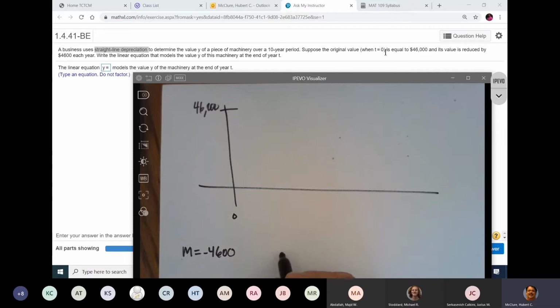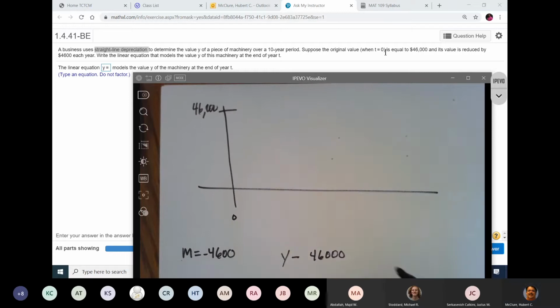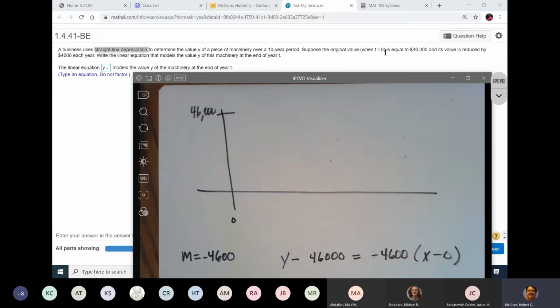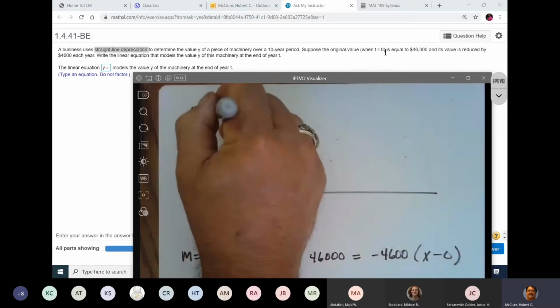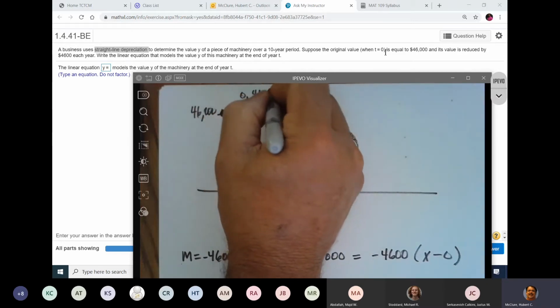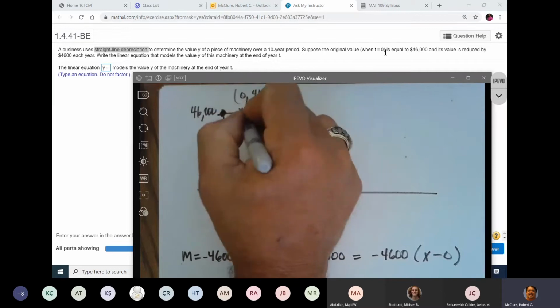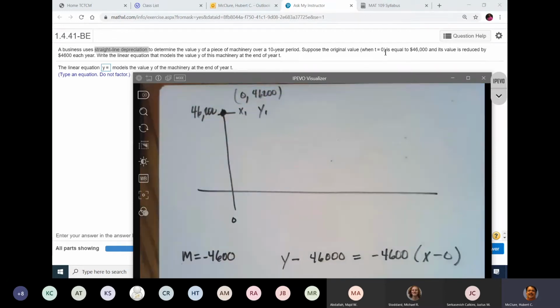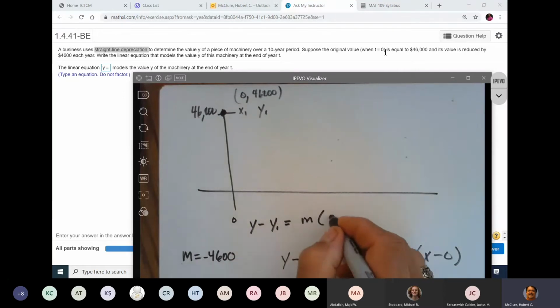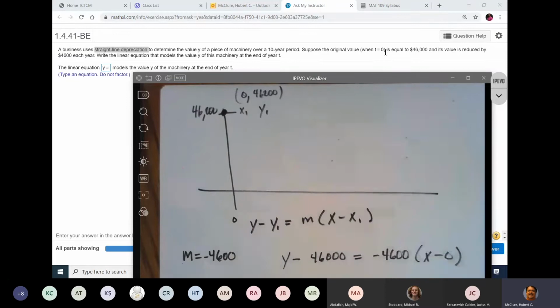So y minus 46,000 is equal to negative 4,600 times x minus 0. Because this point right here is 0, 46,000. So that's x sub 1, y sub 1. Point slope equation, y minus y sub 1 is equal to m times x minus x sub 1. Now that's the way I'm reading this question.